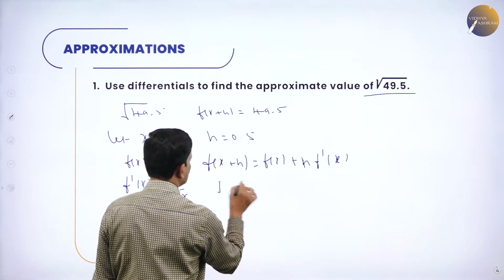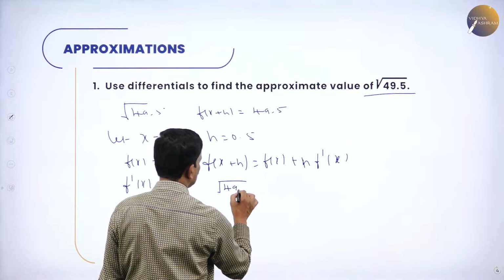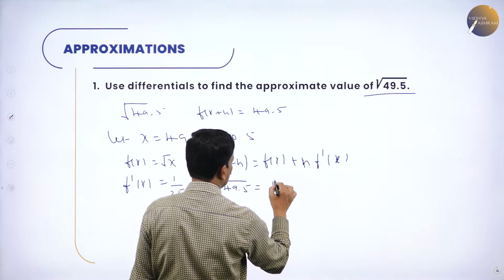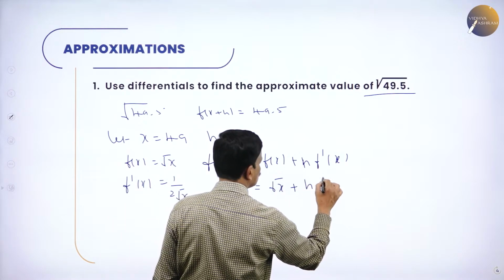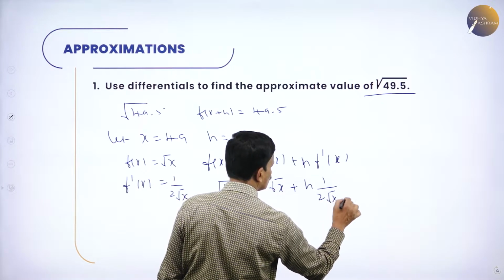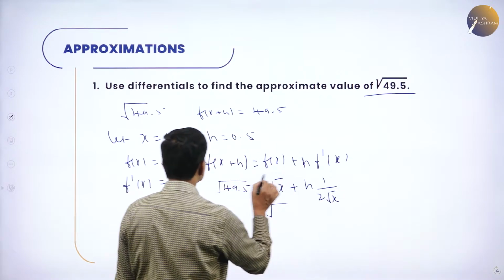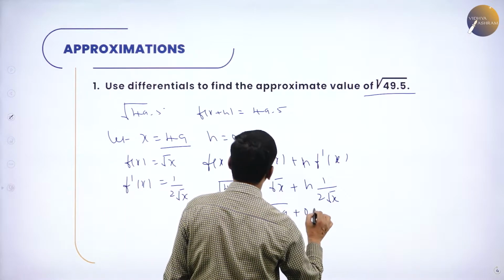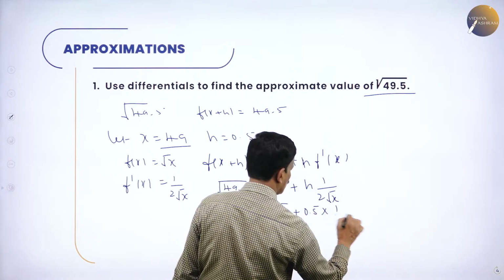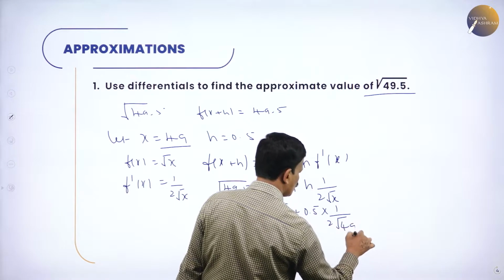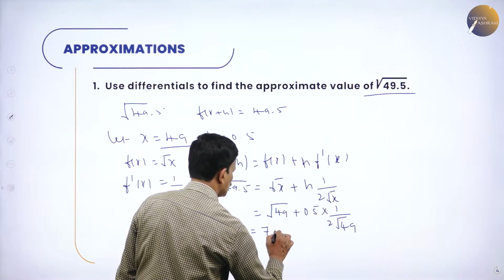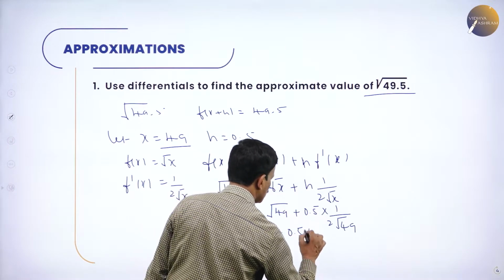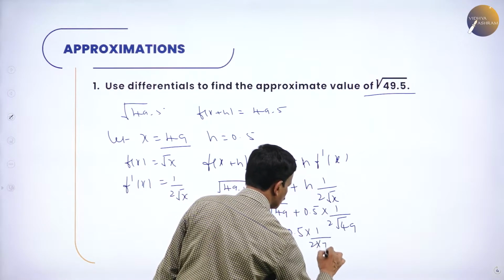So, this is nothing but square root of 49.5 is equal to f of x, which is root x, plus h into f dash x, which is 1 over 2 root x. So, what is x? X is equal to 49, plus h is 0.5 into 1 over 2 into root of 49. So, root 49 is 7, plus 0.5 into 1 over 2 into 7.